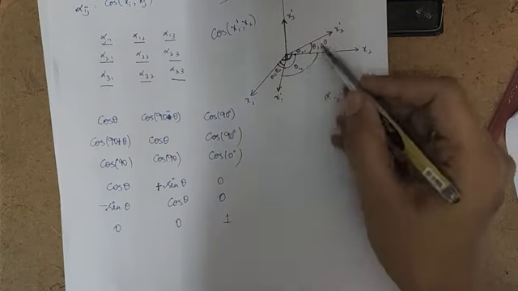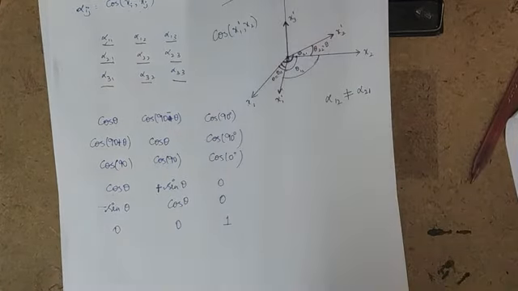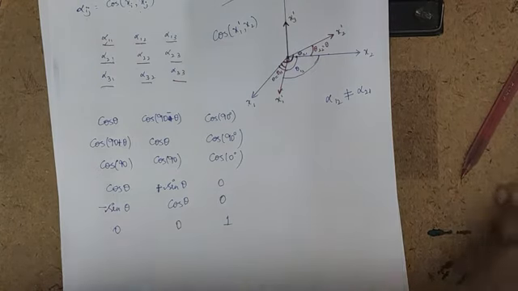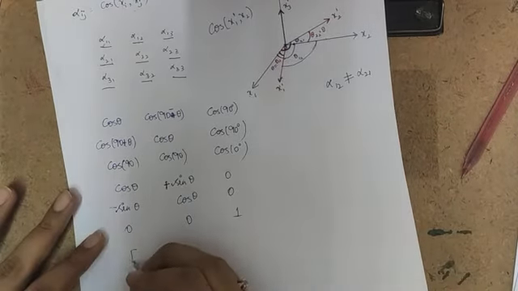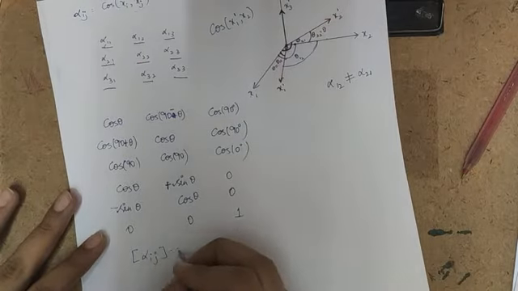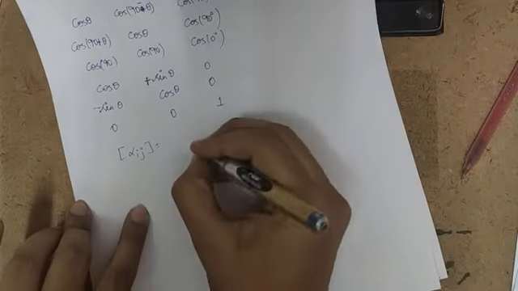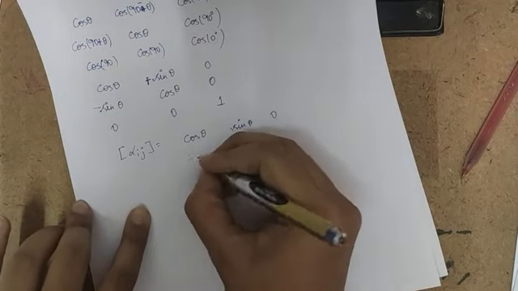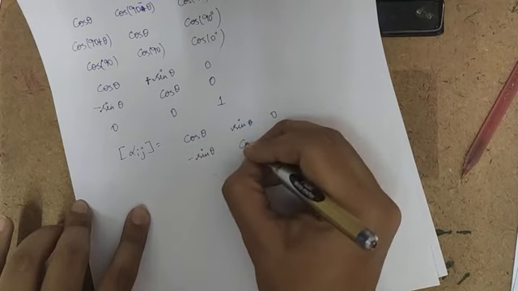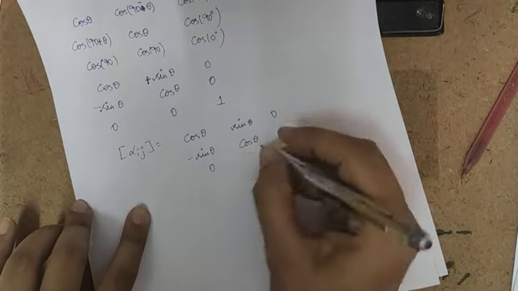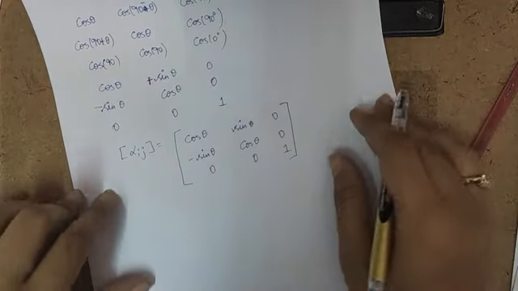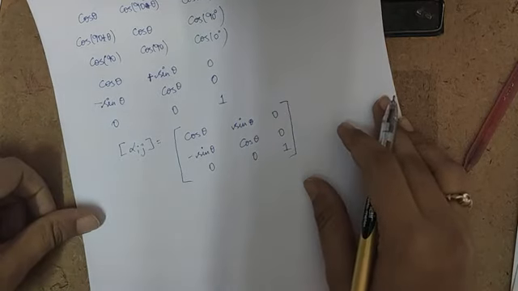You should be careful about this. So now I can write the matrix transformation using the direction cosine table. Alpha ij is equal to cos theta, sin theta, 0, minus sin theta, cos theta, 0, 0, 0, 1. This is nothing but my matrix transformation using the direction cosine table.